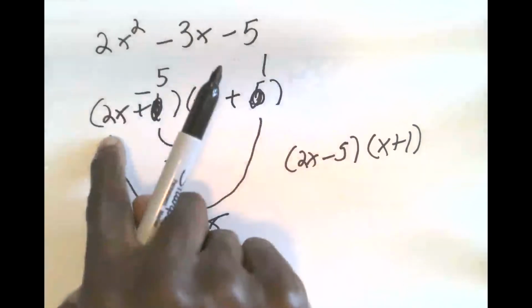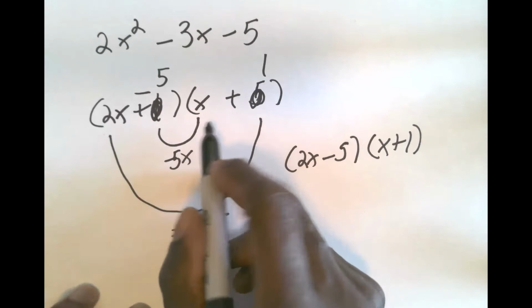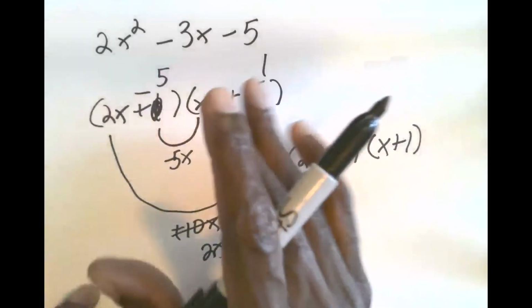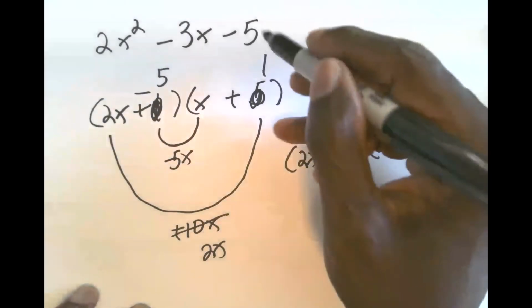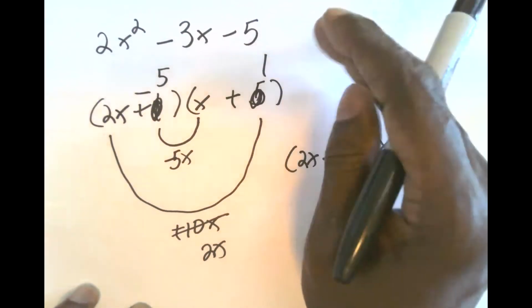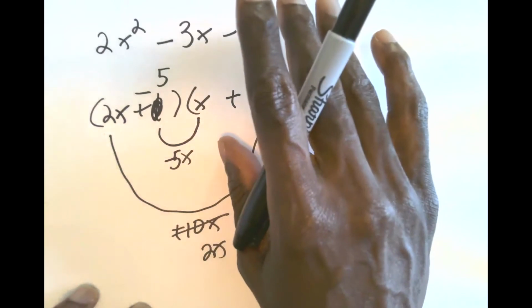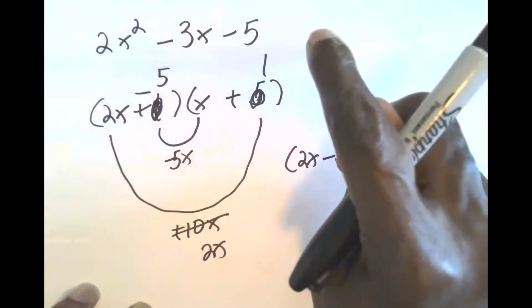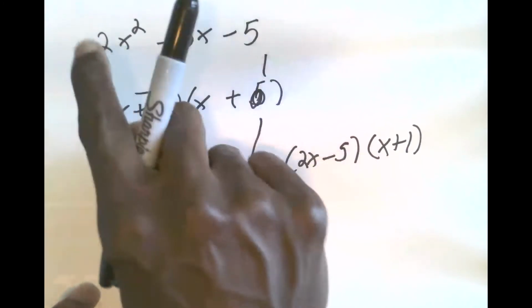Think of all the different things you can put: 4x and 5x, 10x and 2x, 20x and x. And think if this was minus 60, and all the things you can use to get 60: 6 and 10, 4 and 15, 2 and 30, etc. So it gets a lot more interesting when these numbers have a lot more factors.